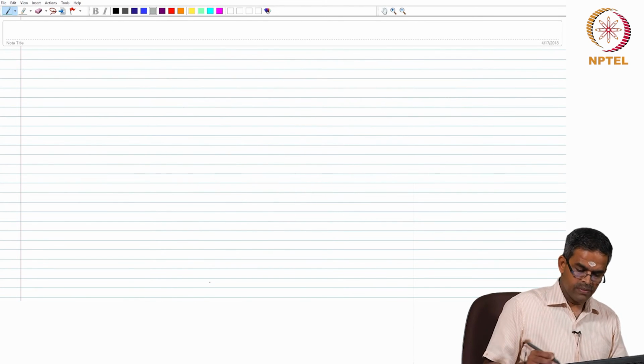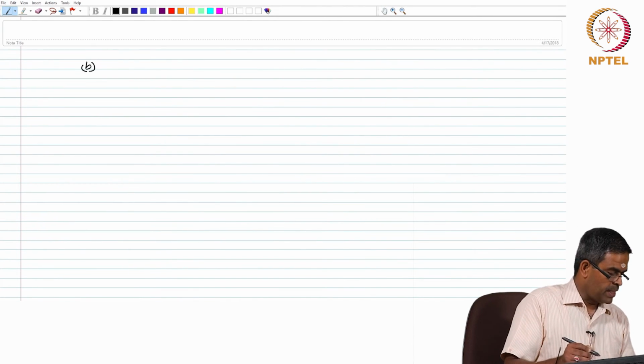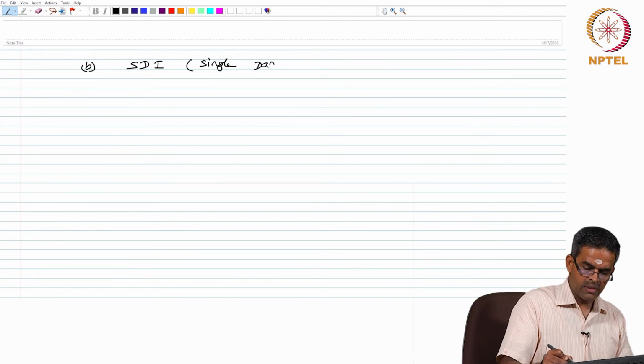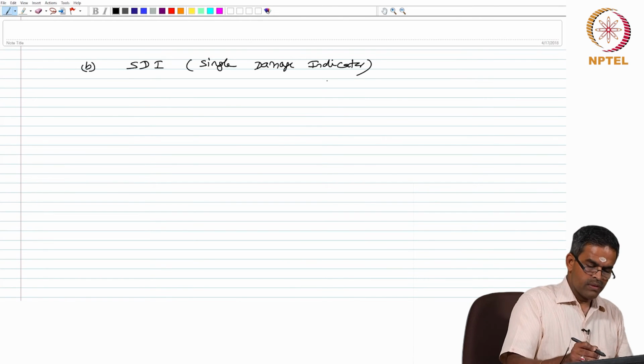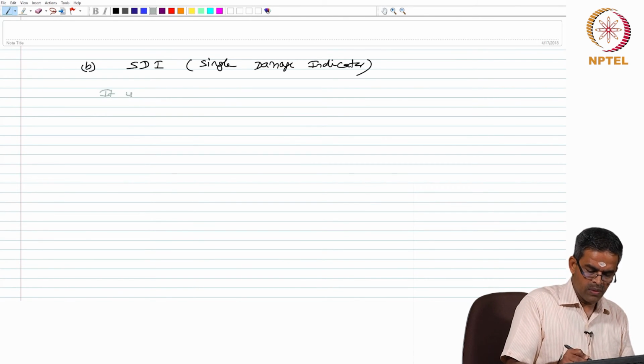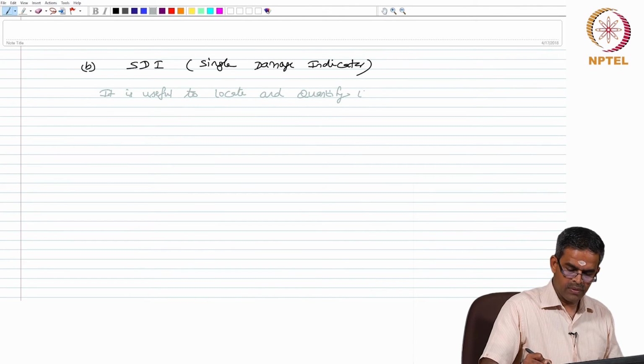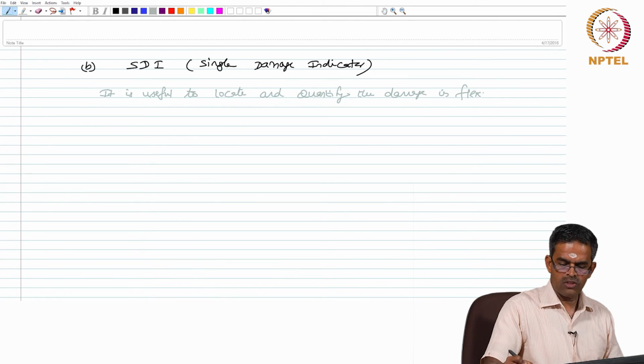The next available method is SDI, which is called single damage indicator. This method is useful to locate and quantify the damage in flexural members.